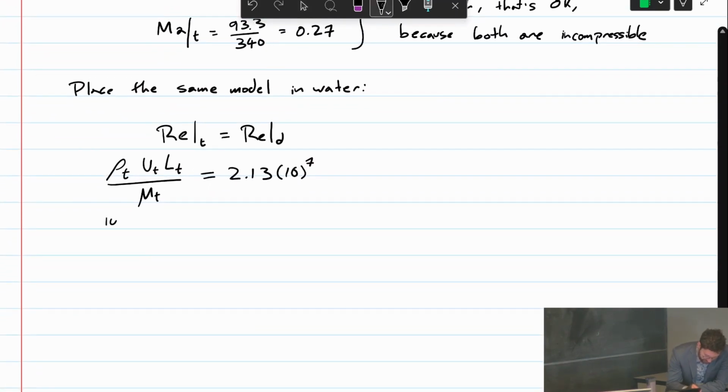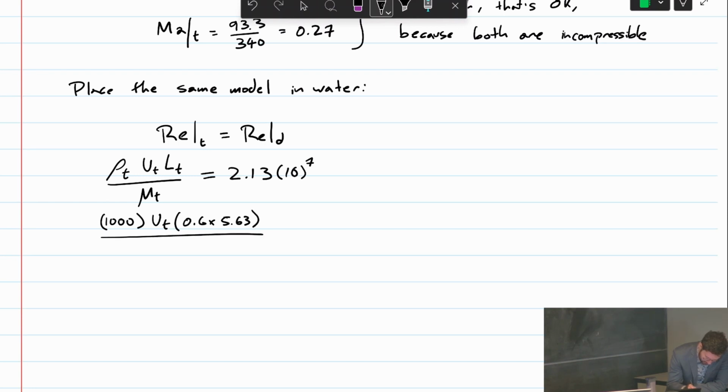So let's plug our water fluid properties in. The length is still 0.6 times 5.63. The viscosity of water is there, so that's mu for water.